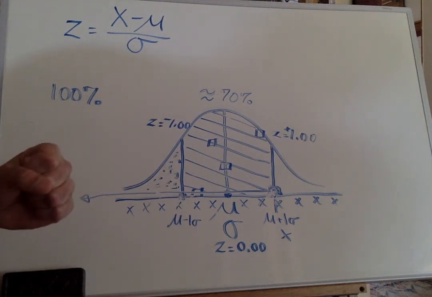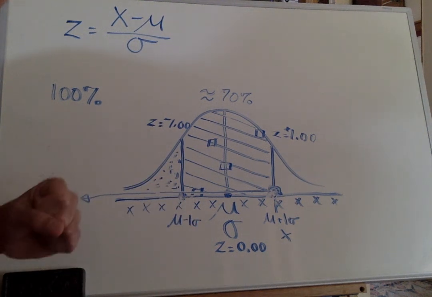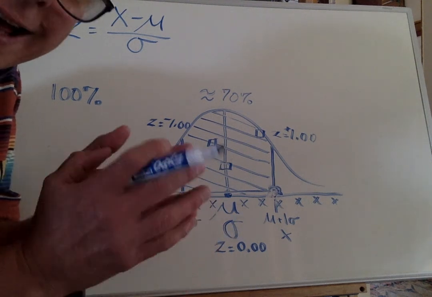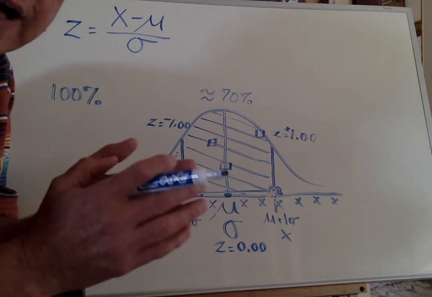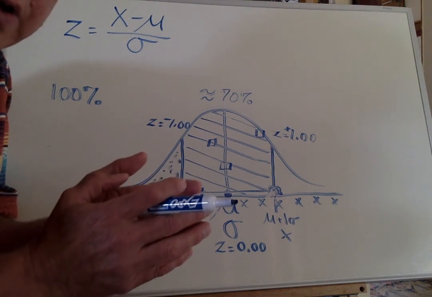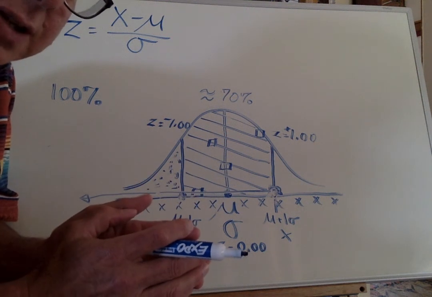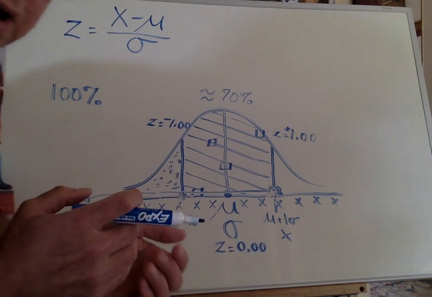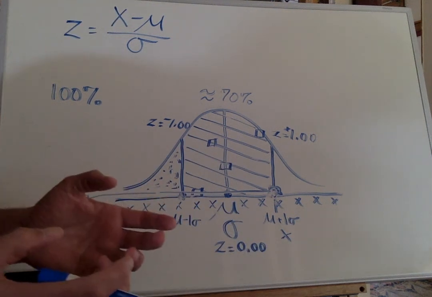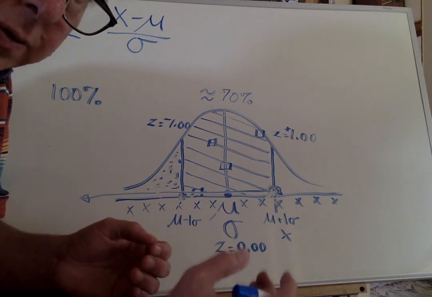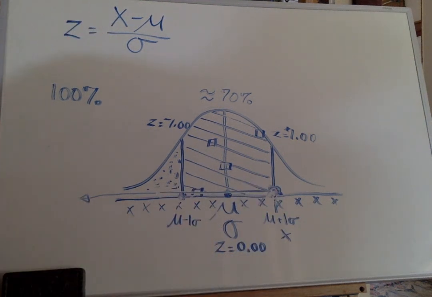But this gives us a very powerful tool, because I don't care what your actual score is, your X value. If I know that you're at the 85th percentile, then I know that 85% of the people scored at your score or below. I can also say that 15% of the population scored above you, if I'm at the 85th percentile.